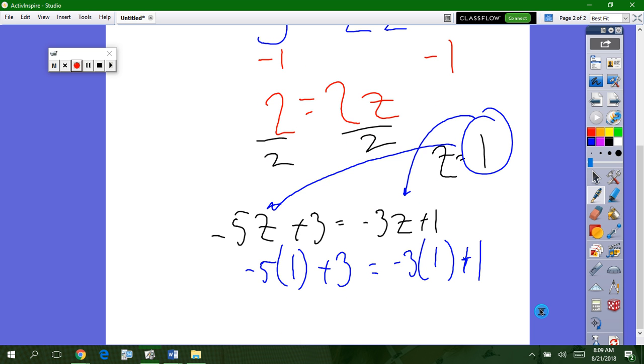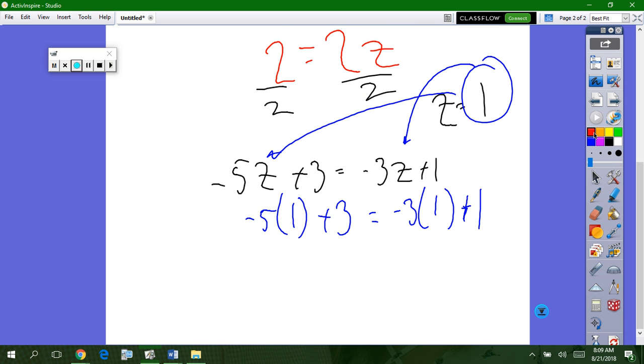Okay. So notice I have -5 plus 3, which is -2. I have -3 plus 1 is -2. Does it check? Okay. So obviously I can go ahead and check my work. Do I have to do that? No. Just a way to make sure that I'm good to go.